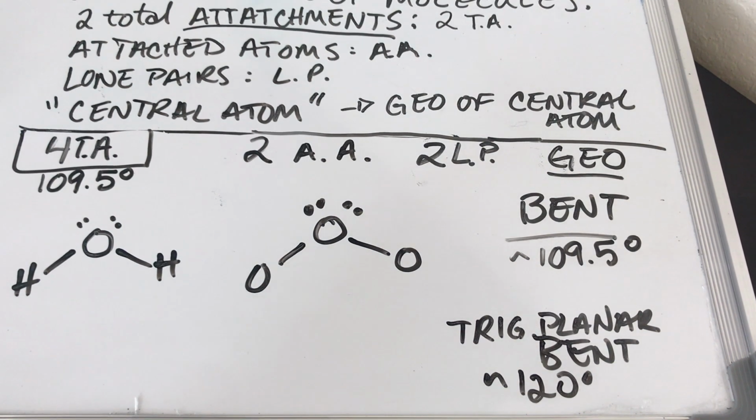There are simulations and 3D molecular models that you can go online and play with. If you just look up molecule simulations, you'll see there's tons of these with three-dimensional molecules. You can move them around and change the angles and see what happens.